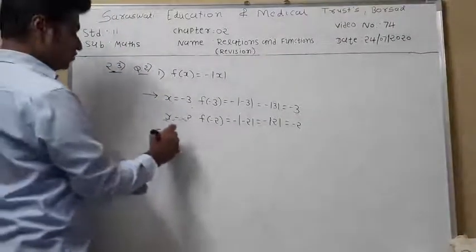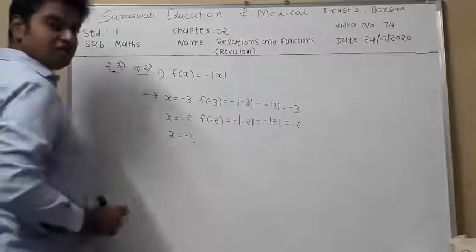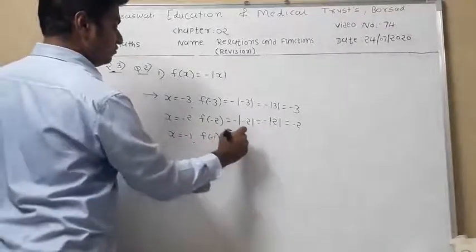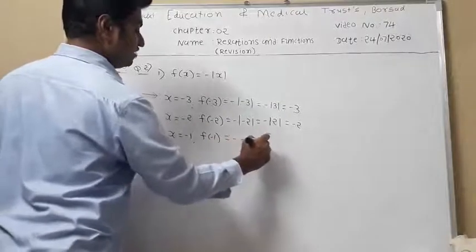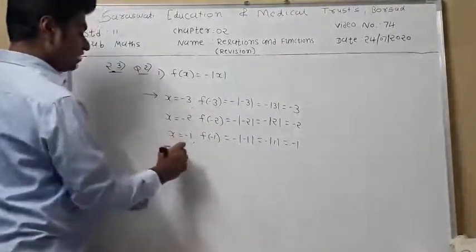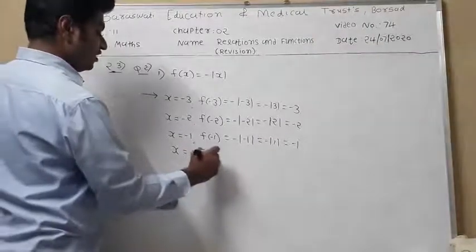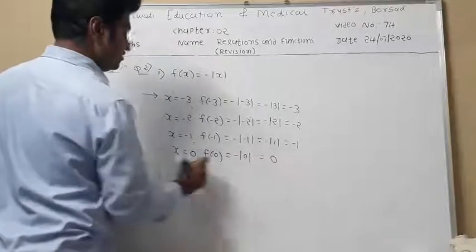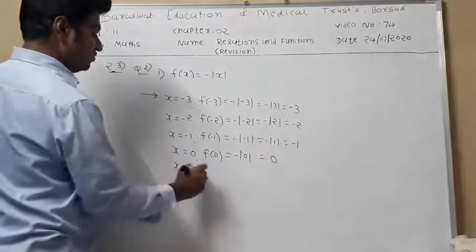x is equal to minus 1. So f of minus 1 is equal to minus mod of minus 1, that means minus 1. x is equal to 0. So f of 0 is minus mod of 0, that means 0. x is equal to 1.